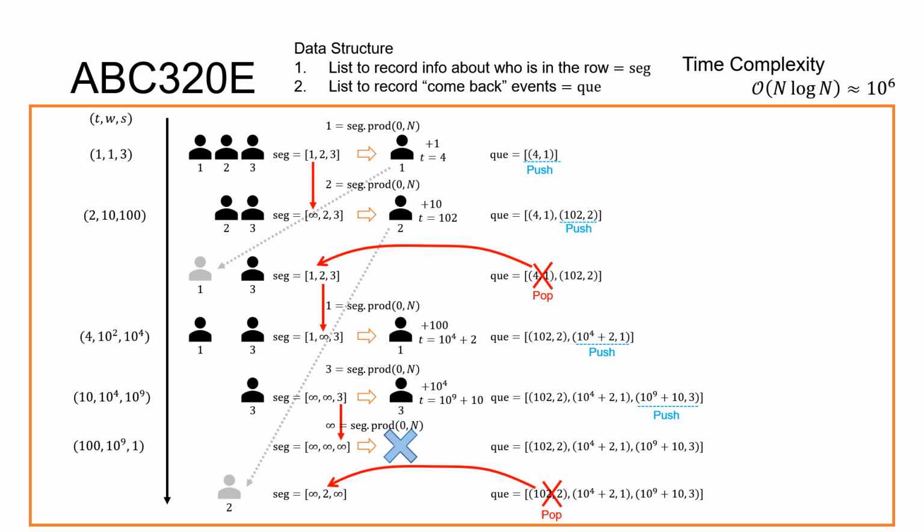Then, before beginning the next event, we check elements in queue in ascending order of time and change the value of seg from infinity to the index number. The series of operations simulate the events very well. So we can calculate the answer. We complete the explanation of problem E.